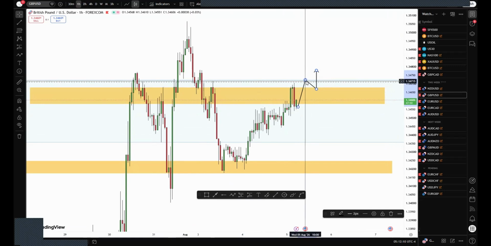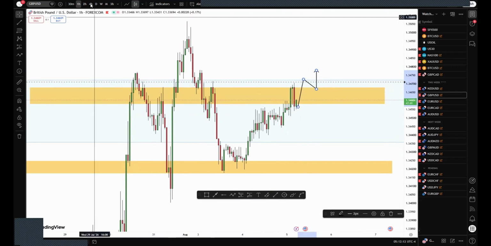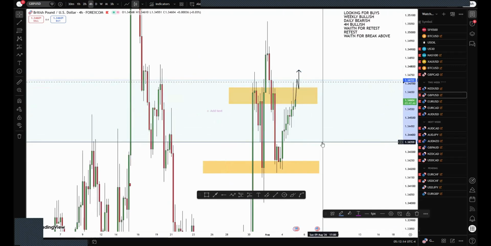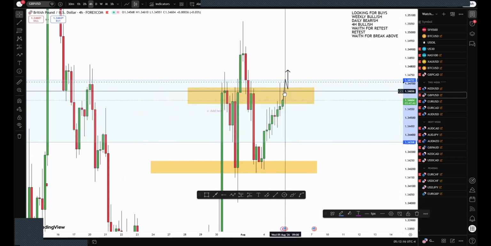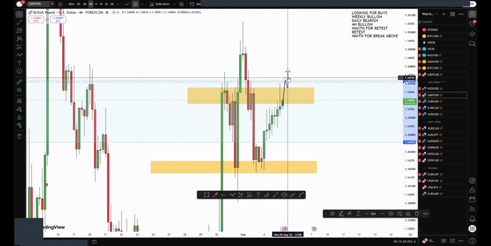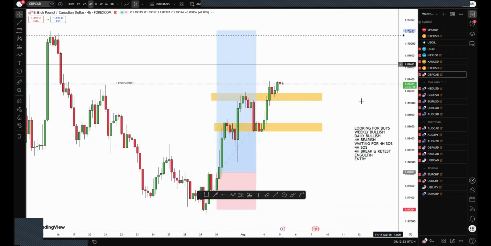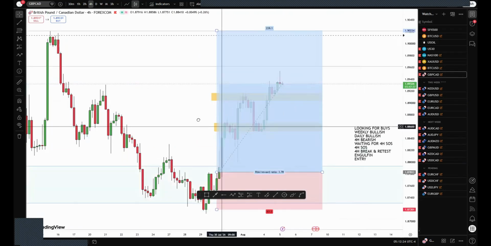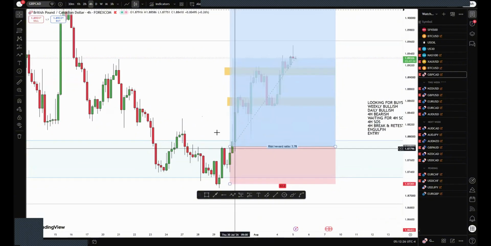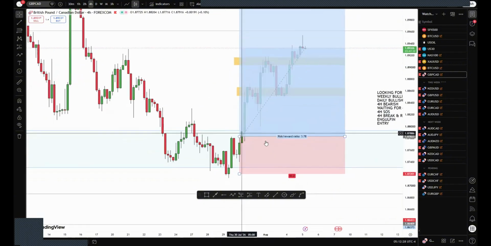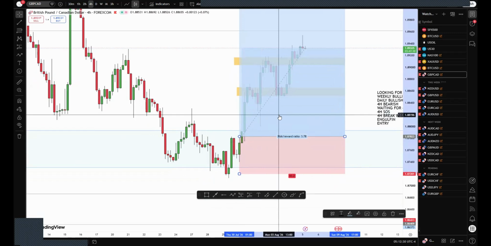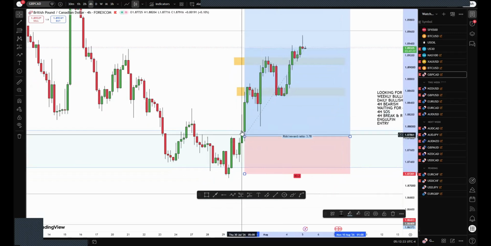Because the moment price breaks above, for the 4 hour time frame, you can see, if you remember my pair, there was a point. Let's do this, this 4 hour candlestick.